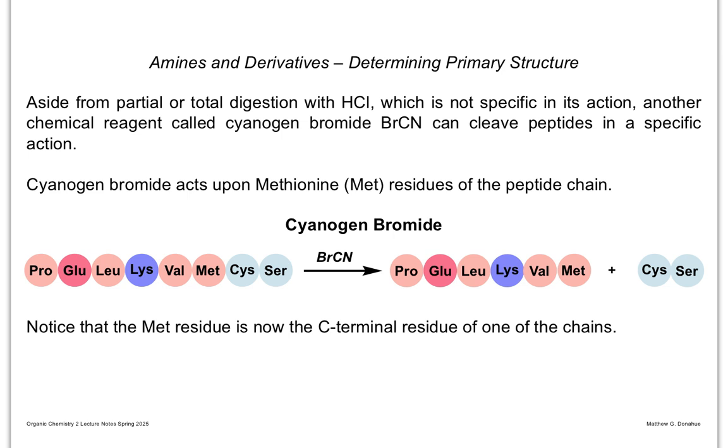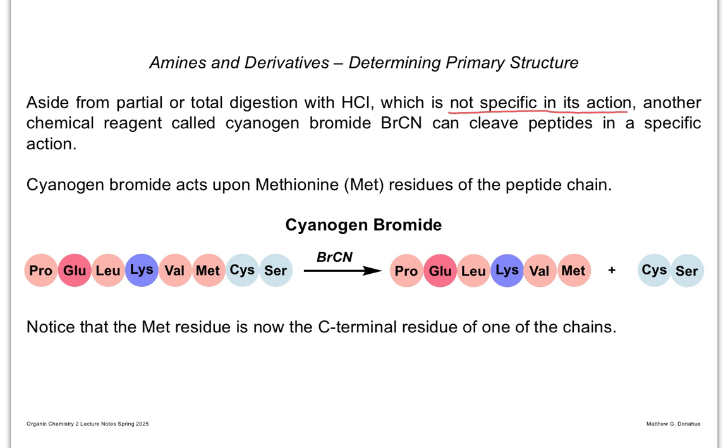So aside from partial or total hydrolysis with HCl, again, those are not specific. So once you do that, you just end up with this collection of amino acids. You could separate them, identify them using instrumental methods, but again, it's not telling you the exact sequence.